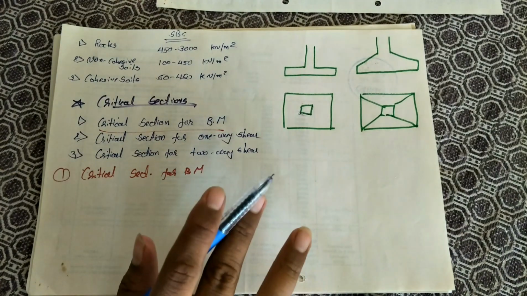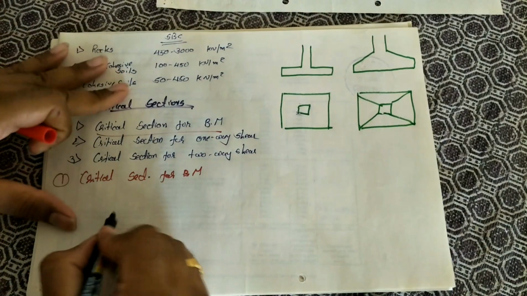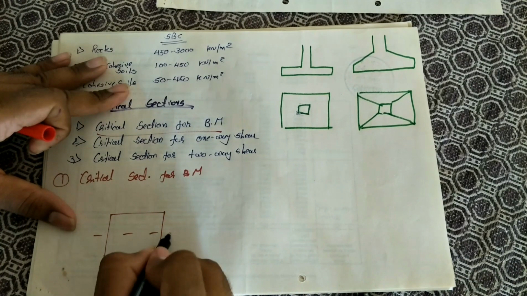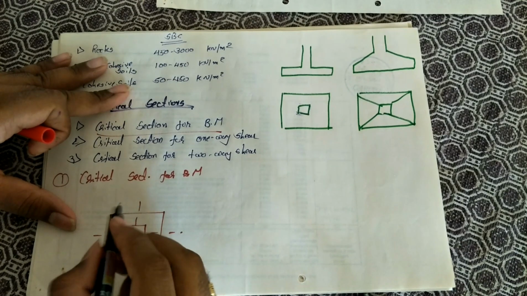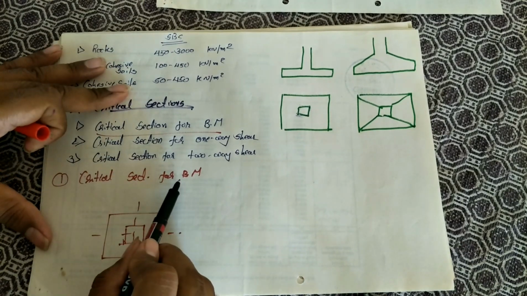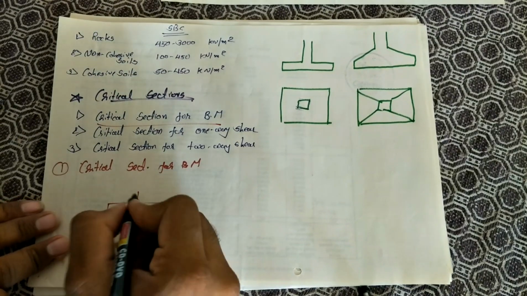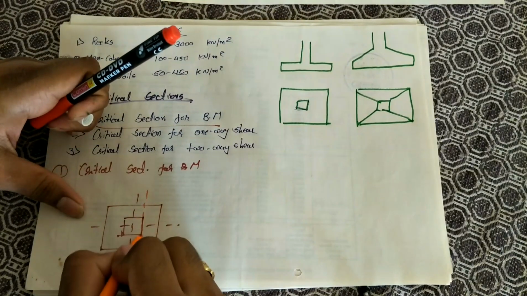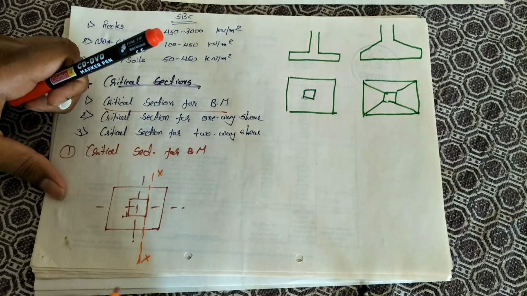For a maximum bending moment, the critical section is taken on the face of the column. If this is your column, then on the face of the column means at any face, like this, here, this XX you can say.